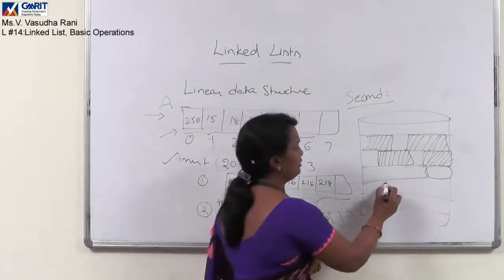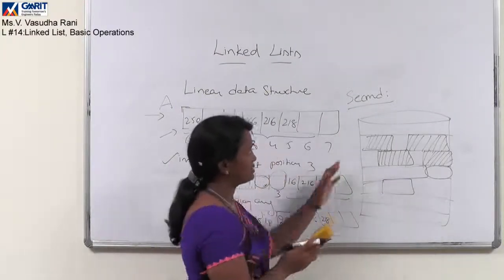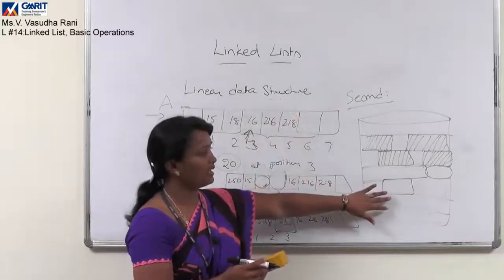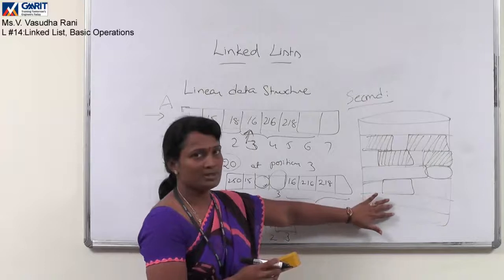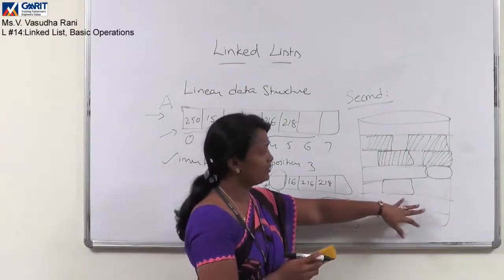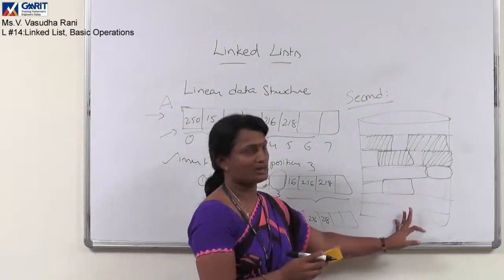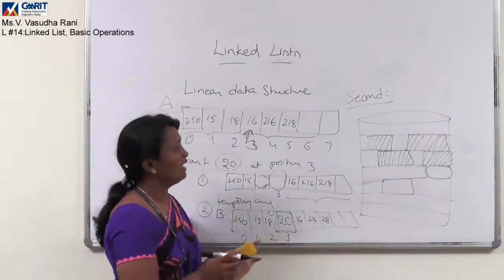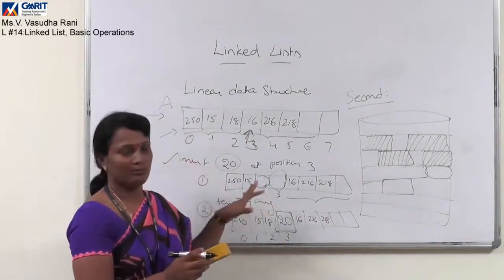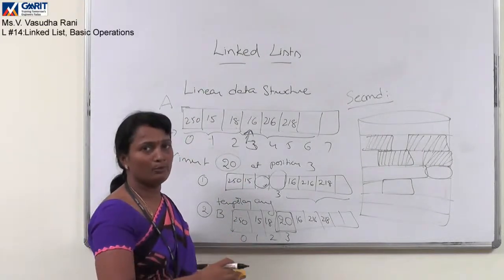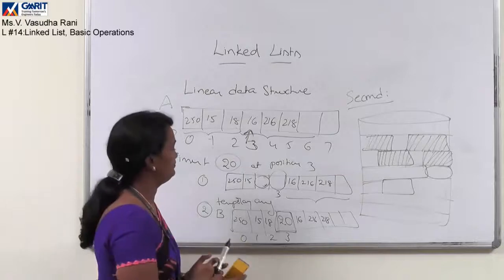So this second limitation of linear data structures is fragmentation of the memory, which is a performance drawback with the array data structure, the sequential data structures. In order to avoid these sorts of drawbacks, we have to go for linked list.